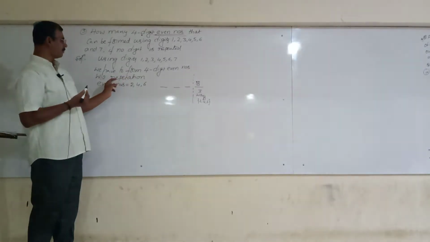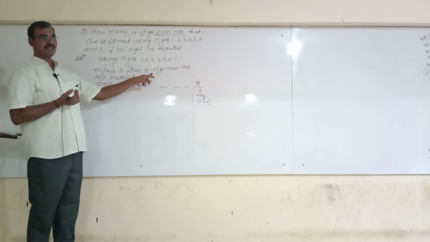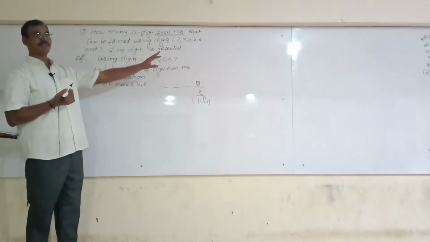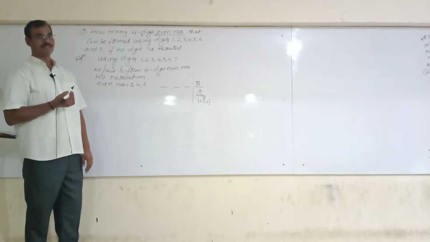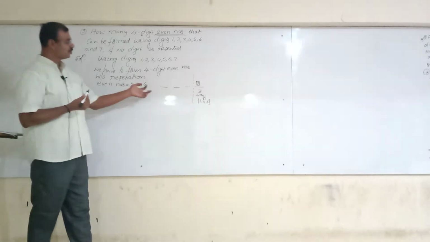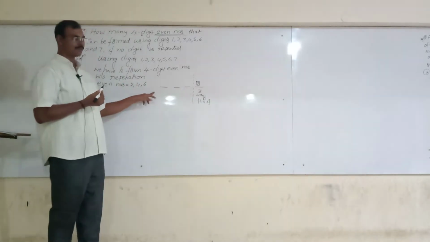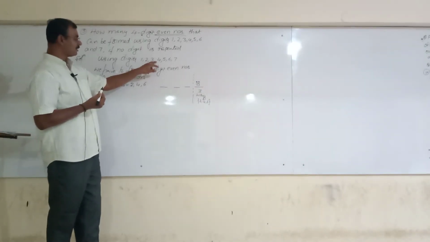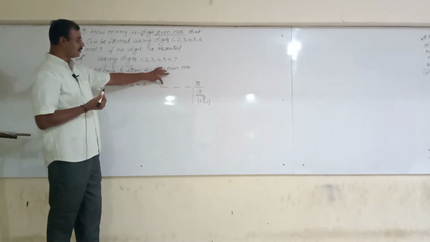Now, since repetition is not allowed, how many digits are left? 6 digits are left, and 3 positions are left. How many ways could I fill the 1000th place?